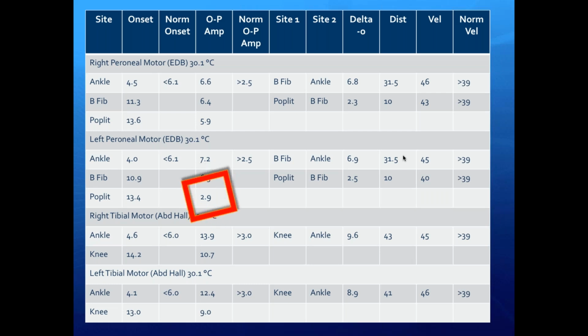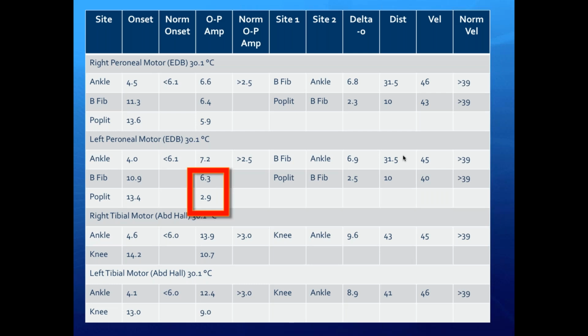So we have a significant amplitude drop from one segment to the next. Now, generally, the rule of thumb is about 30% in the lower extremities from one site to the next. Depending on what source you read, some sources may say 50% or as low as 20%. But generally, about 30% in the lower extremities is usually acceptable.